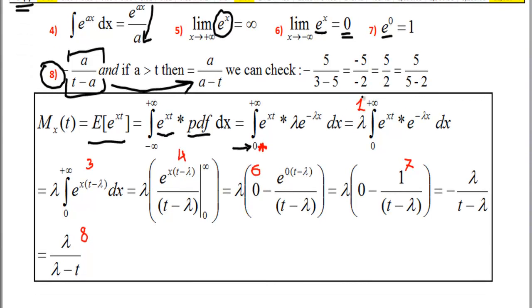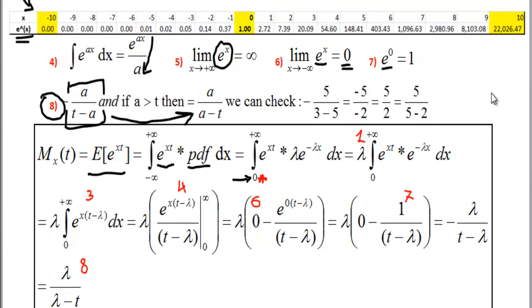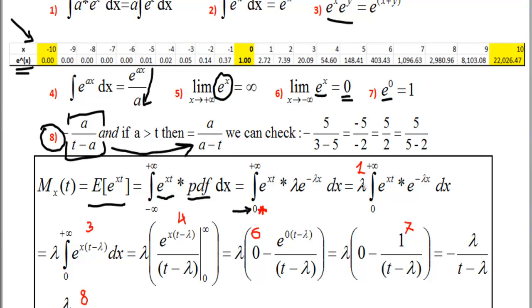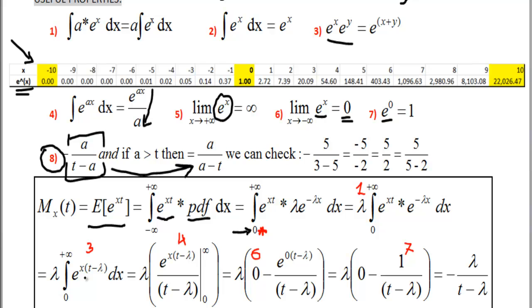Now here I just call out with the red here the properties that we enumerated before. So first property is just that you can take the constant outside the integration. Here, property number 3. Follow it closely. It's actually very intuitive. It just says that if you have product of two e to x's, this reduces to that.